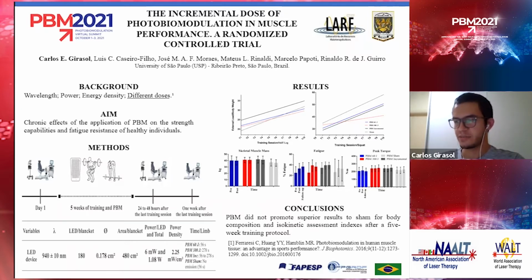Photobiomodulation was performed with a blanket composed of 108 infrared lights with a total power of 1.08 watts. Four groups were used: the minimal energy proposed by the literature, the maximal dose proposed by the literature, a third group with an incremental dose beginning with a minimal dose and finishing with a maximal dose in the last session, and a fourth sham group.